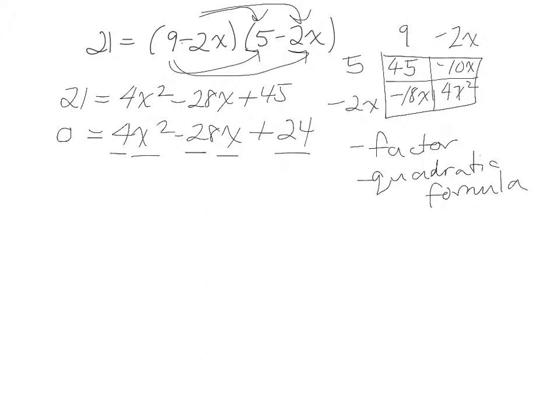Each of the coefficients in each of the terms is divisible by 4. So maybe I should subtract that out, or subtract negative 4. Okay, so 0 equals 4 times x squared minus 7x plus 6.